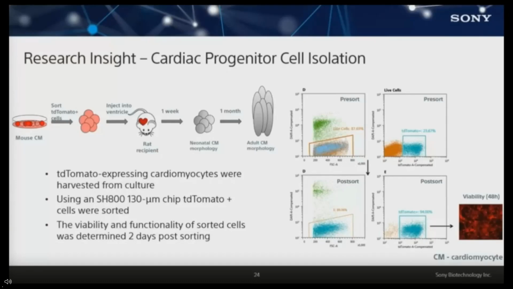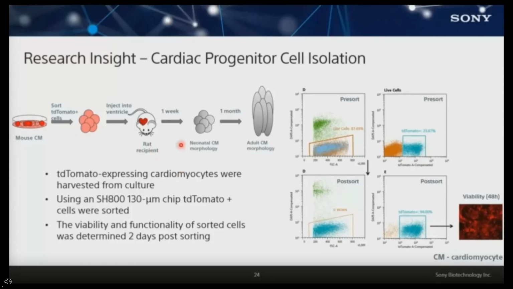For experiments where cardiomyocytes were then injected in rats, the cells were observed to transition into adult cardiomyocytes after 1 month. In both cases, the 130 micron chip was used to accommodate these larger cardiomyocytes.